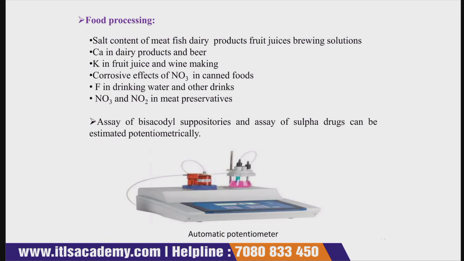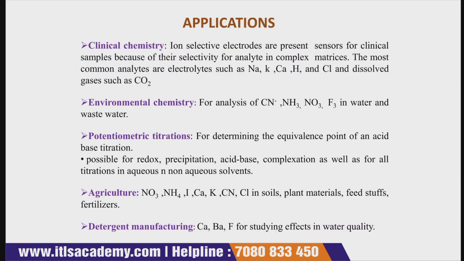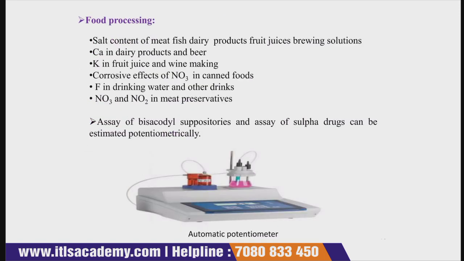Now comes the most important one. This is the automated potentiometric device, as you can see. So how is it used in food processing? For the different types of compounds present in food, potentiometry is used to check the assay of bisacodyl suppositories, and assays of sulfa drugs can also be estimated potentiometrically.